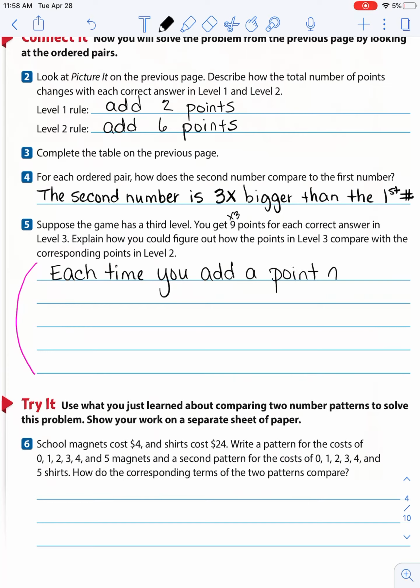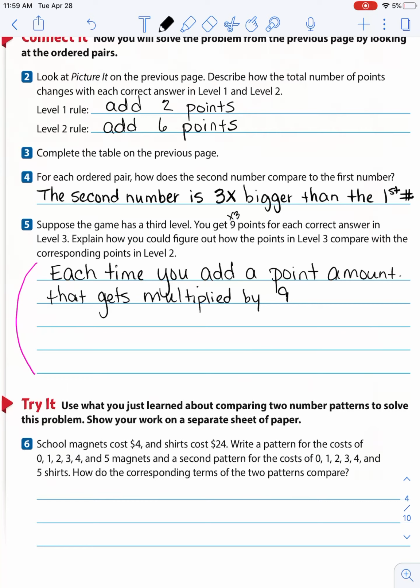Each time you add a point amount, that gets multiplied by 9. The number of points correct, I should say. Okay.